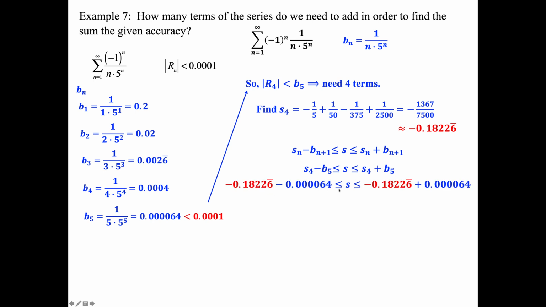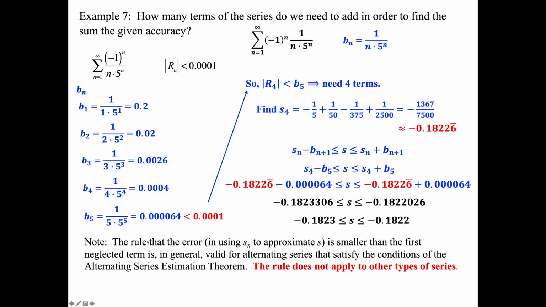So writing in your numbers, crunching them out, my sum is somewhere between negative 0.1823306 and negative 0.1822026. So I am really close. I am within 3 decimal places of knowing what that sum is. It's somewhere between the 2 and the 3 of that 4th decimal place value.